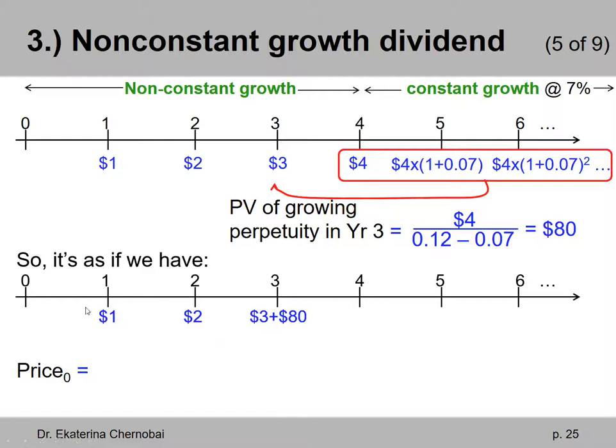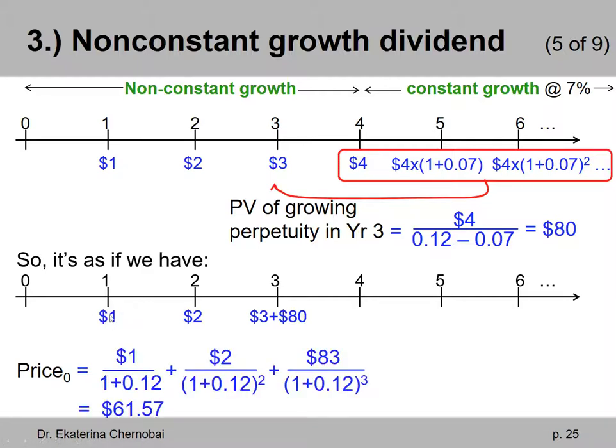You can do it by hand. Discount $1 back by 1 year by dividing it by 1 plus 0.12, right? The same discount rate we used earlier for the growing perpetuity present value, plus $2, which is in 2 years, discounted back by 2 years.